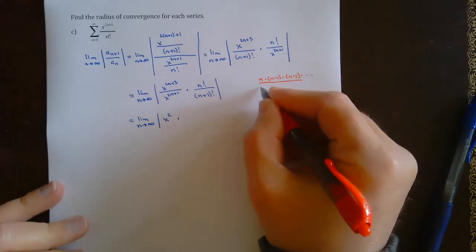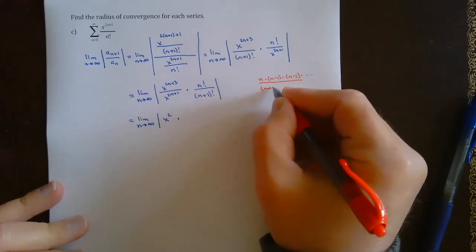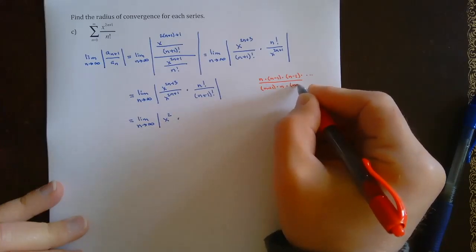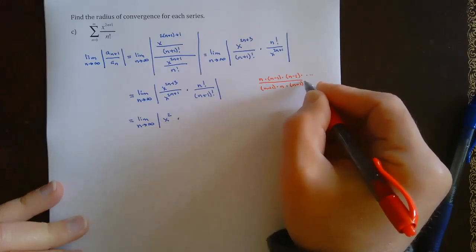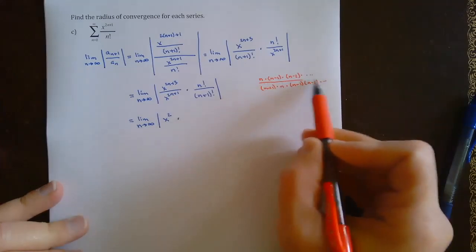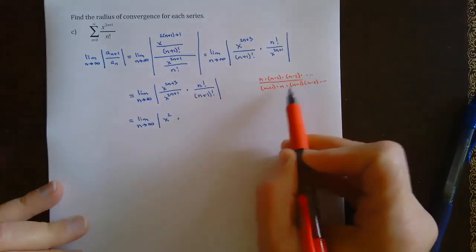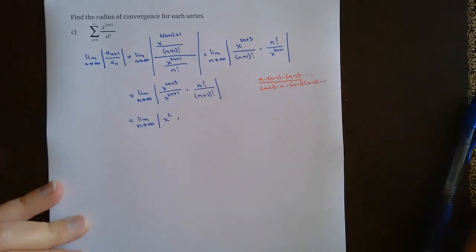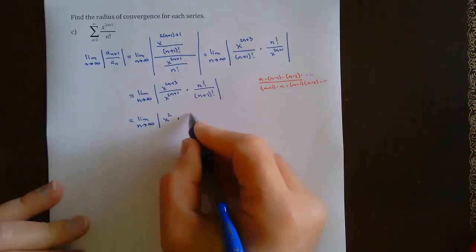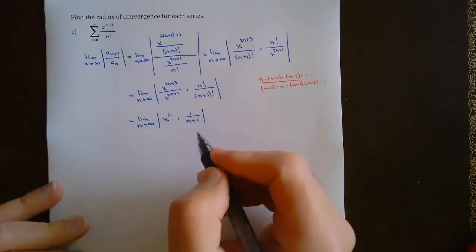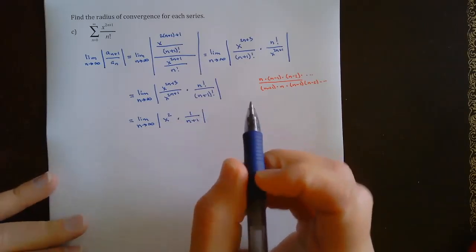And then this one would be n plus 1 times n minus 1 times n minus 2 dot, dot, dot. So the n all the way into n factorial, and this would be n factorial. So they're going to cancel, and you're left with 1 over n plus 1. Remember we did that before, okay?